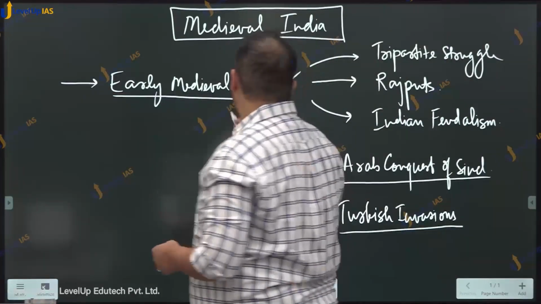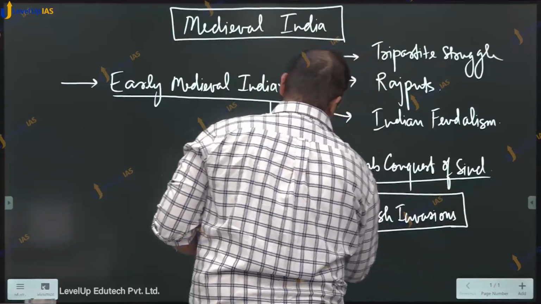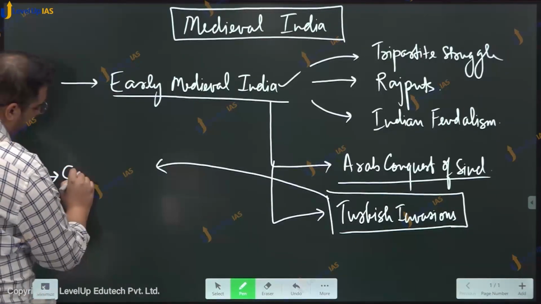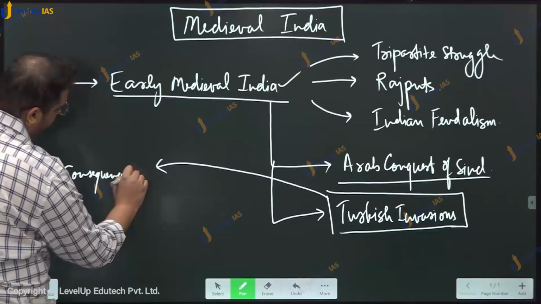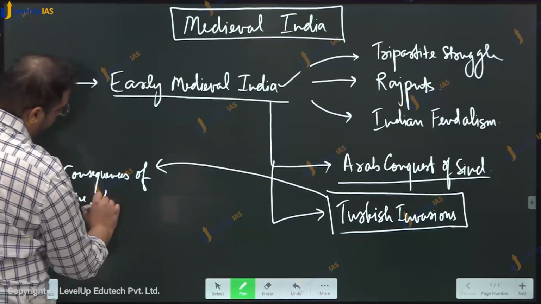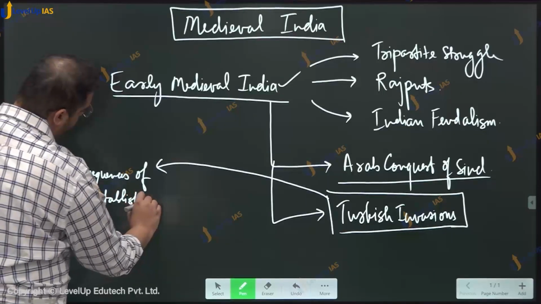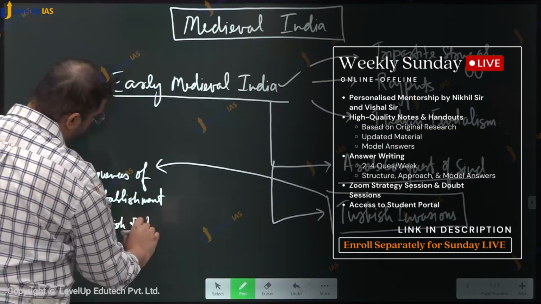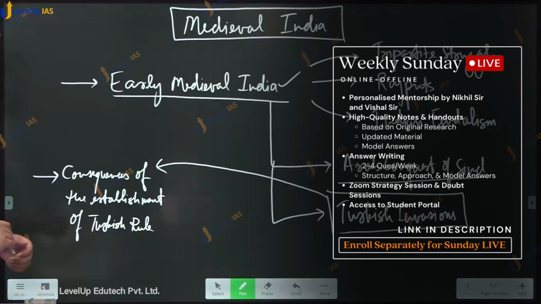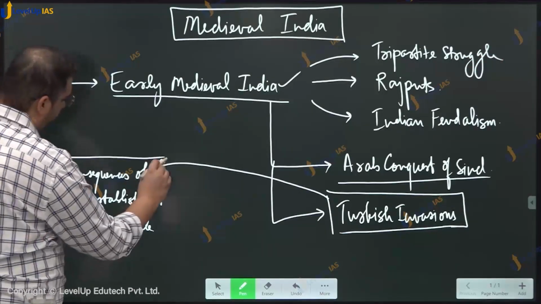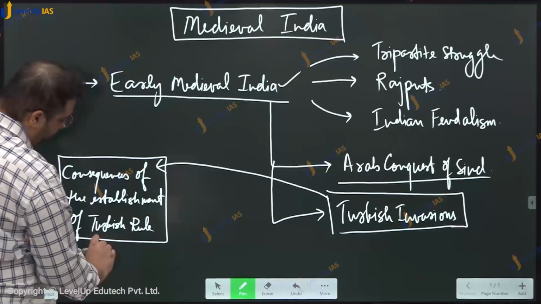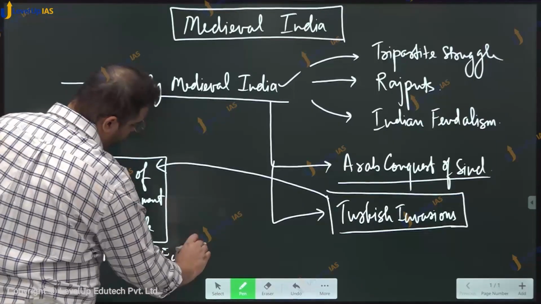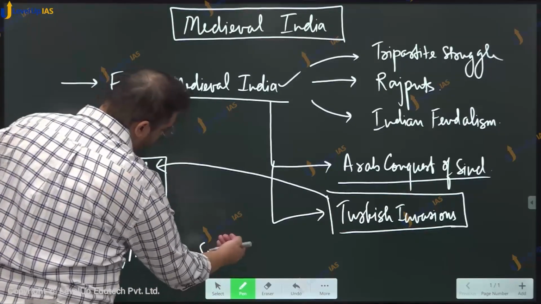Now, adjacent to this, we have to study the significance or consequences of the establishment of Turkish rule in India, within which we are going to underline some important changes, including political, military, economic, and social and cultural changes.